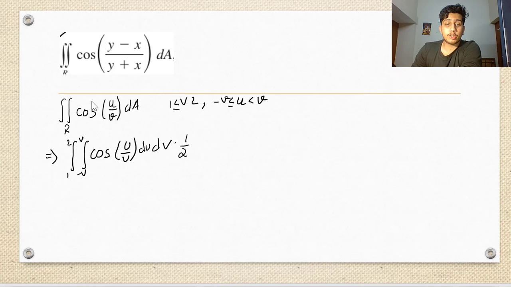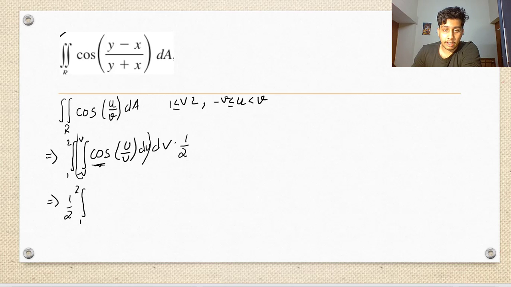Now for solving the equation, we'll solve the integration inside out, which goes from here to here. Since 1 by 2 is a constant, it will come outside the integration and it will look like half integration 1 to 2.